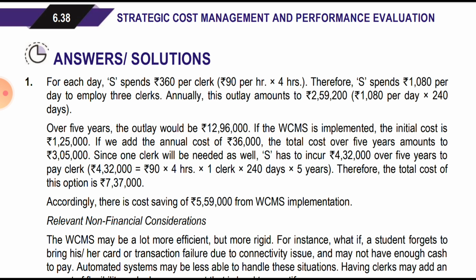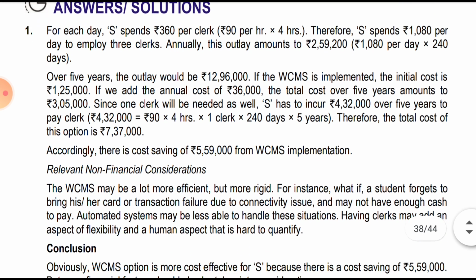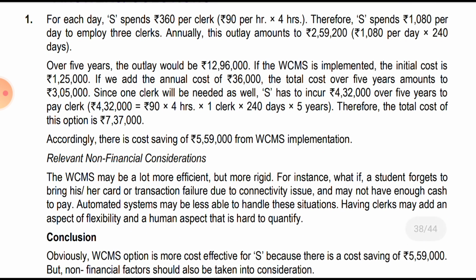How it came is 90 into 4 multiplied by 1 clerk multiplied by 240, and for 5 years. Therefore the total cost of the second option after implementation of WCMS is 7,37,000, as I said while discussing the question. So accordingly there is a cost saving of 5,59,000 from WCMS implementation.